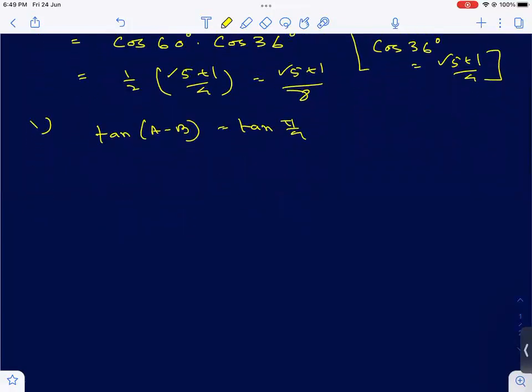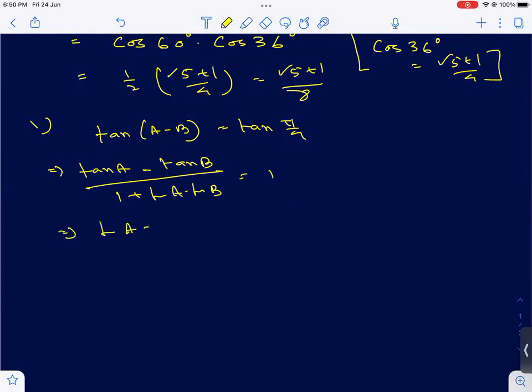So we can write this, in this case it will be minus, (tan A minus tan B) by (1 plus tan A tan B) equal to 1. So if we cross multiply, we are getting tan A minus tan B minus tan A tan B equal to 1. If we rearrange, it is coming 1. So add 1 on both sides, balanced.